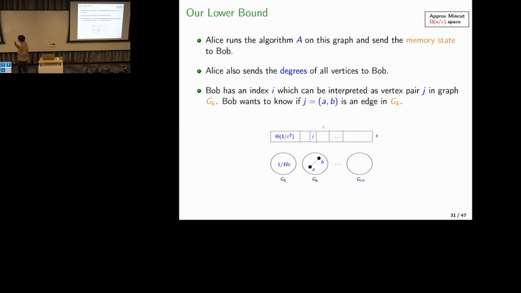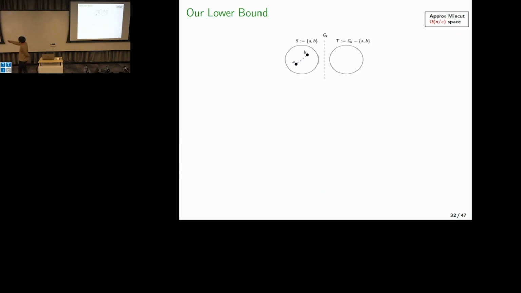Okay, so what is Bob doing? Bob puts A and B on the left side, so this circle just contains A and B, and all the other vertices of GK on the other side. If AB is not an edge, then the size of this cut is degree A plus degree B, because all of B's edges go here and all of A's edges go here.